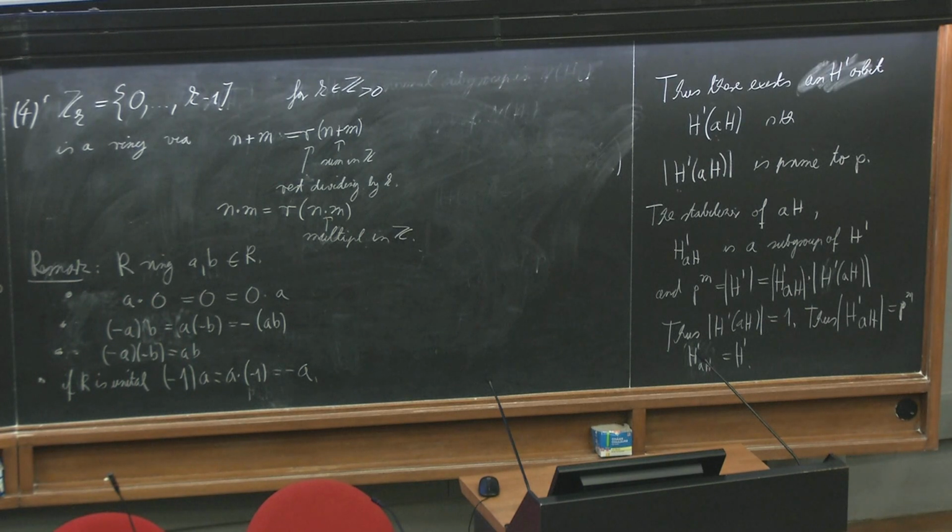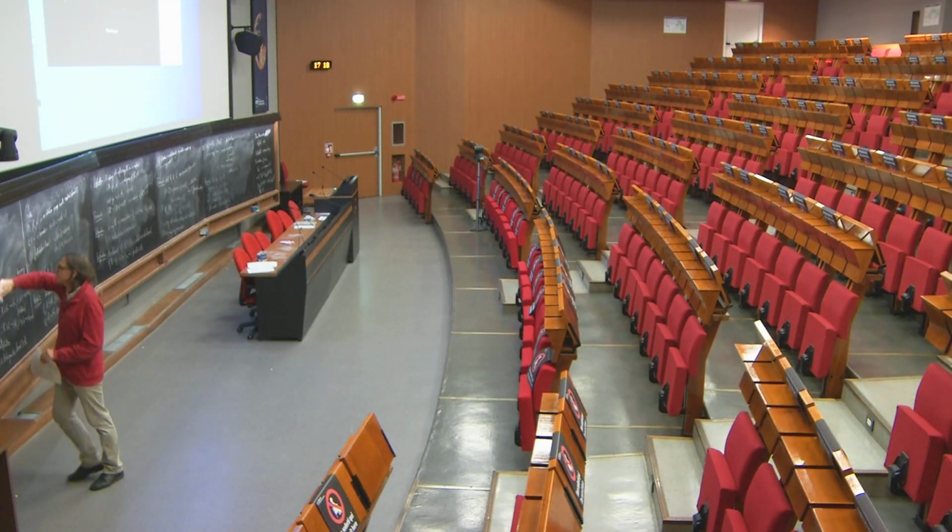Okay. So let me see what I can do now. I want just to introduce a couple of further properties, and I think then my time will soon be out.